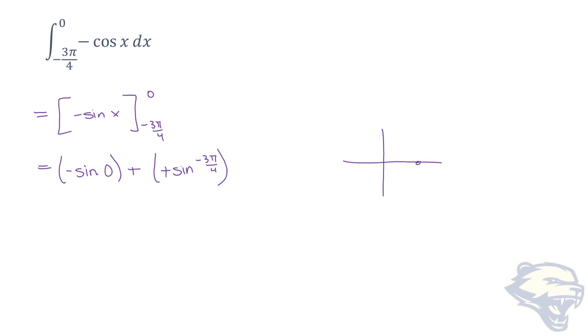Sine of 0, well, at 0 I am at ordered pair 1, 0, and the sine is the y, so that's 0. That's nice. Now negative 3 pi over 4. Negative means that we are counting that angle backwards, going the other direction. So 3/4 of pi: if I go to half pi and then another fourth, that puts me down here in quadrant 3.